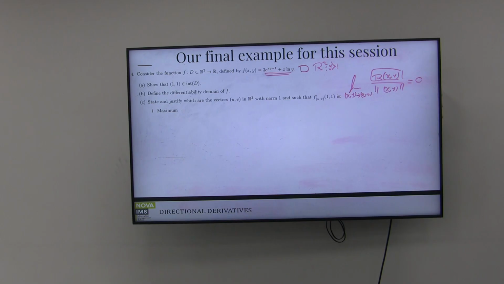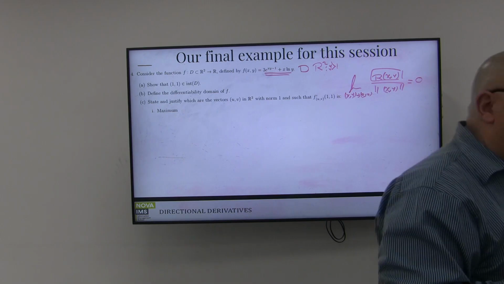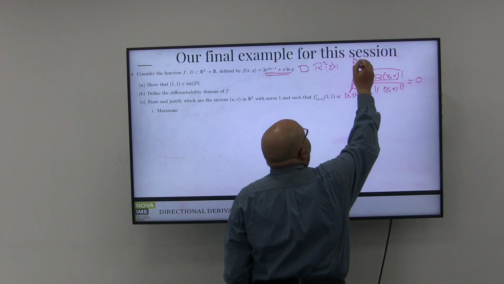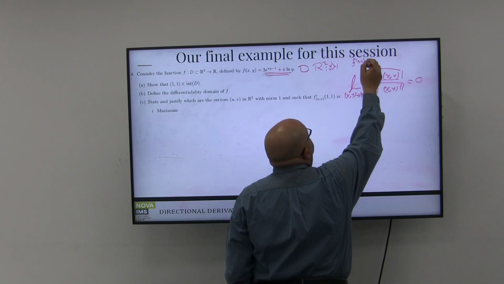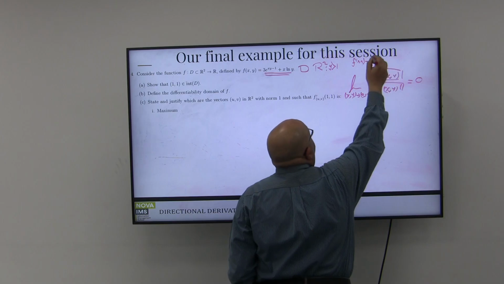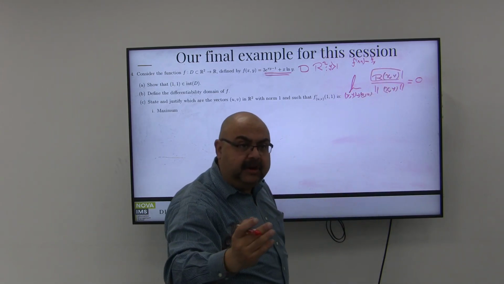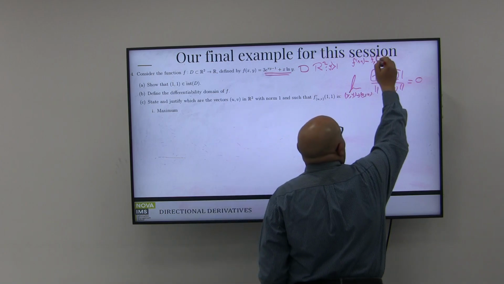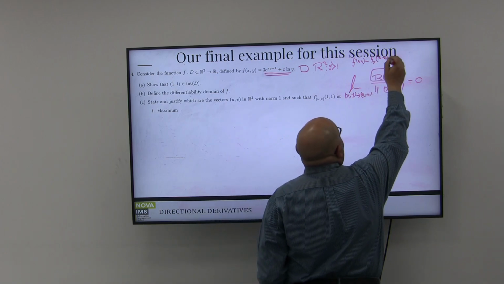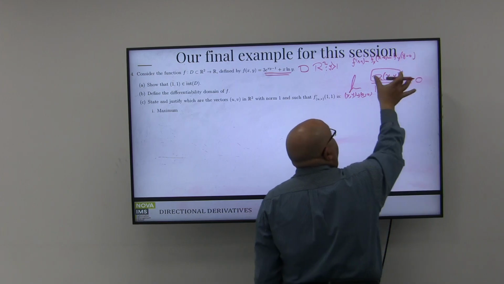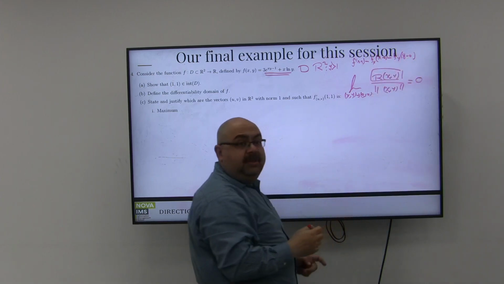How to evaluate the value of r? The value of r is f(x, y) minus f sub x, the partial derivative of f with respect to x, times (x minus 0), minus f sub y times (y minus 0). So I'm replacing r by this value.